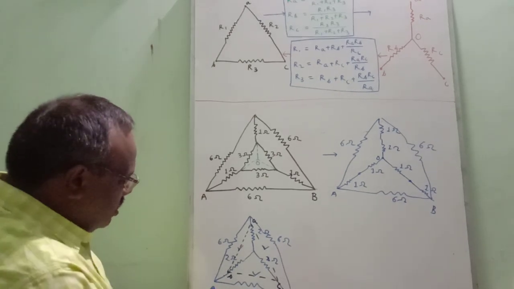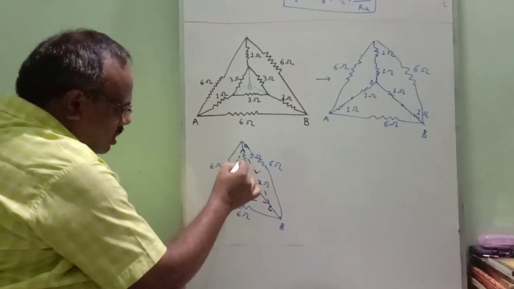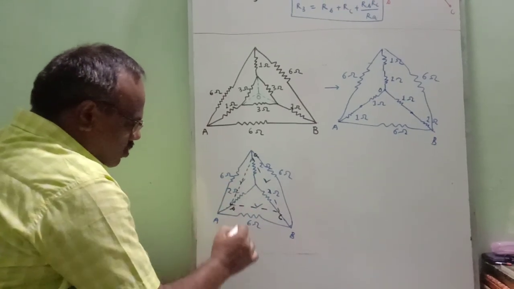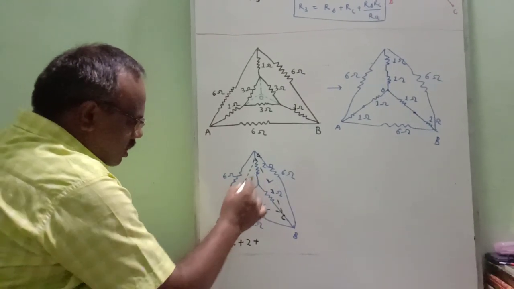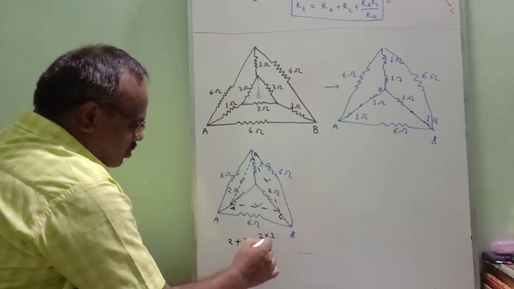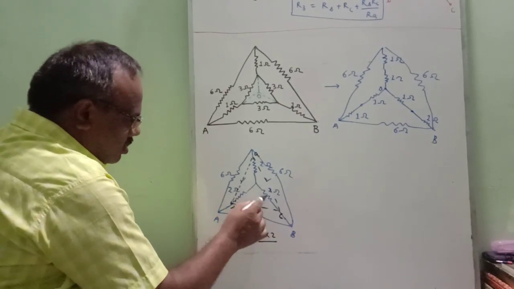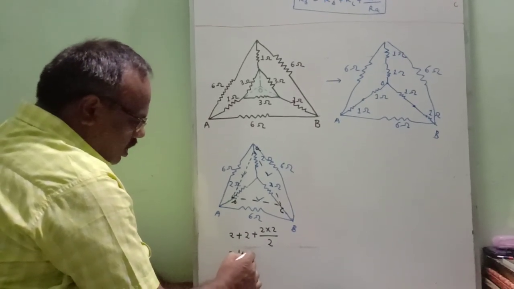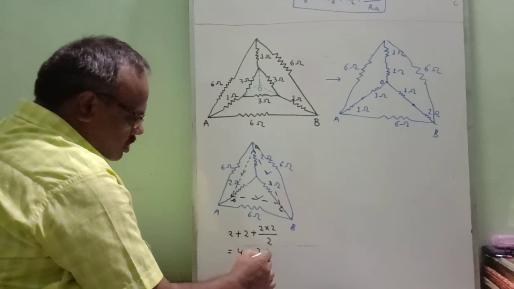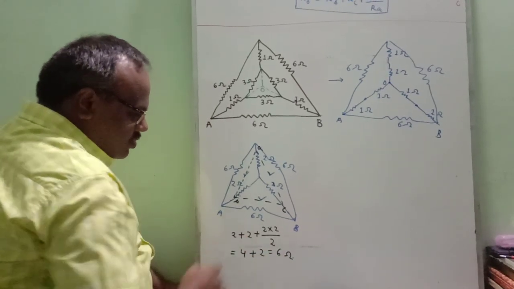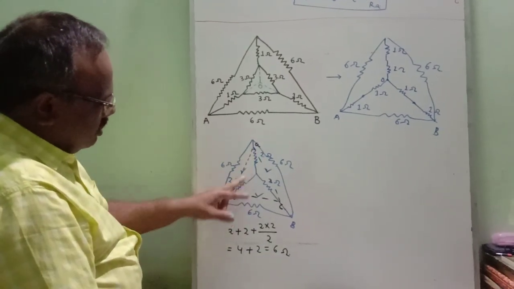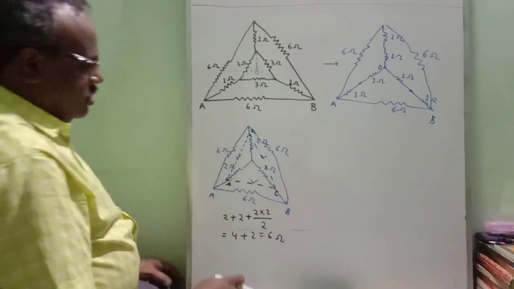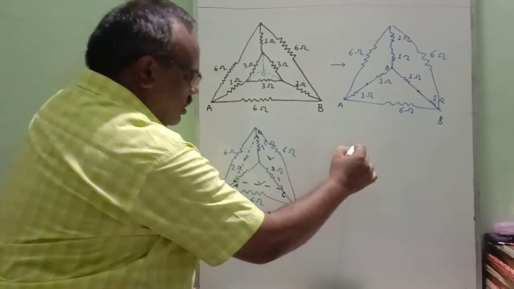So taking C here, the sum of these two, that is 2 plus 2, plus the product of these two, 2 into 2, divided by the third one which is 2. So you are getting 4 plus 2, so it is 6 ohm. As these three are the same, this will become 6, this will become 6, this will become 6. Now this can be drawn like this.